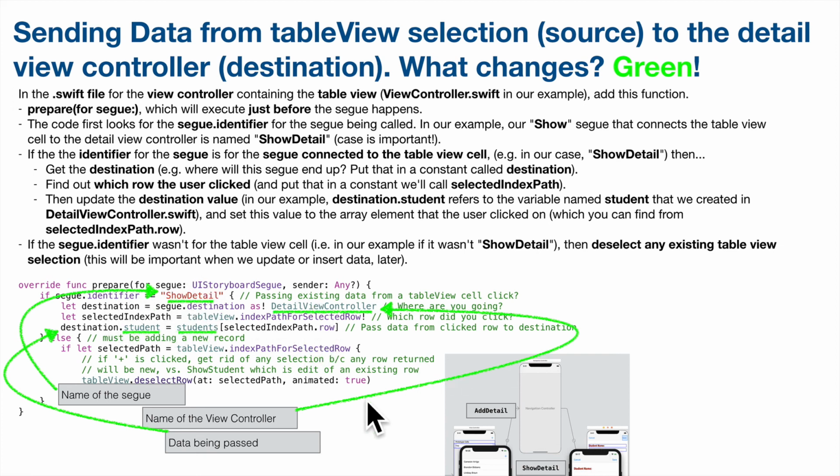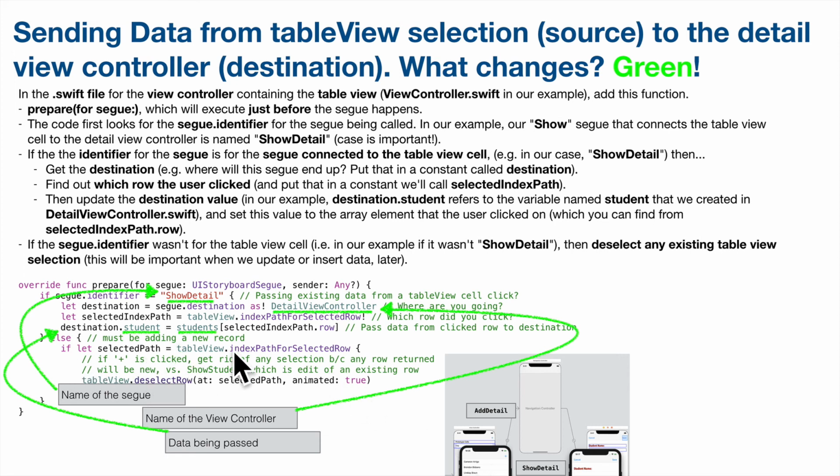Now, if we didn't segue over from show detail, that must mean that we clicked on the plus here. Now, this might not be clear why we've written this little bit of code in here, and notice we don't have any green next to it, so we're not going to change this code at all from project to project. But the reason why we've got this code in here is if you click on plus, we want to make sure that we don't have any residual selection from clicking on a previous cell.